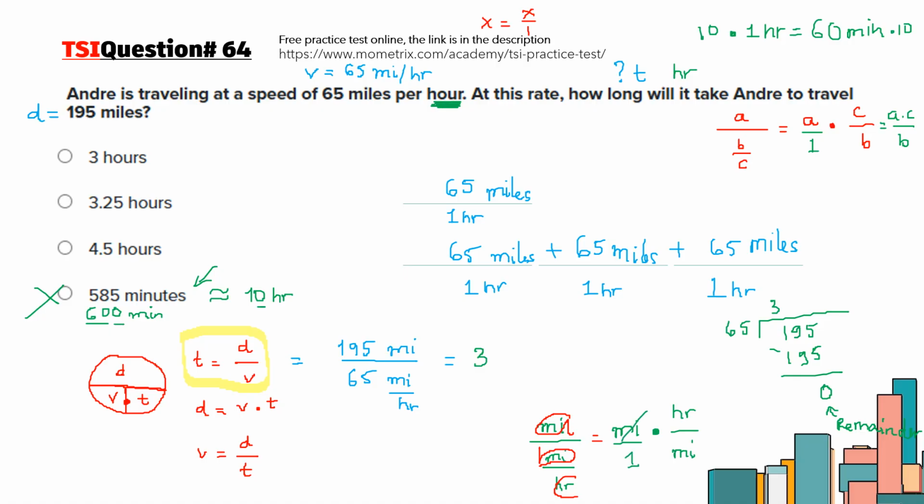Now you can cancel the miles, leaving just hours. This is how we simplify the unit. And this one is 3 hours exactly, because the remainder is 0. So 3 hours is the correct answer.